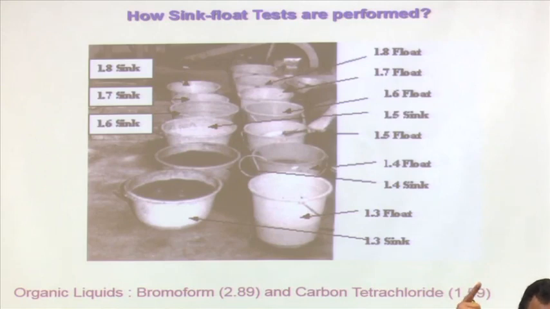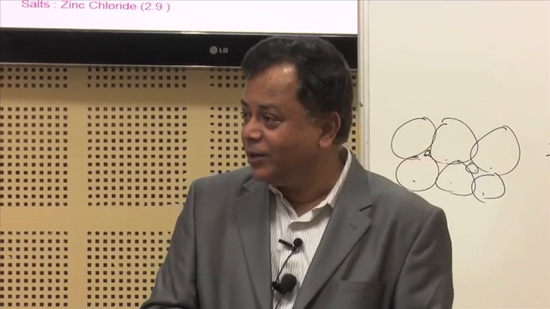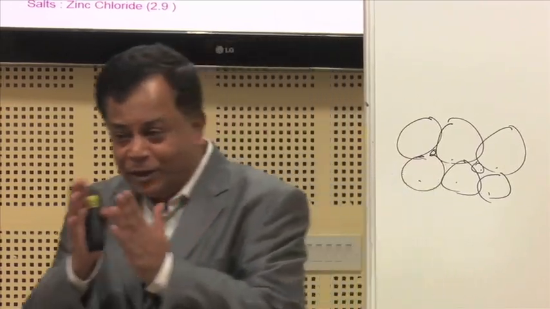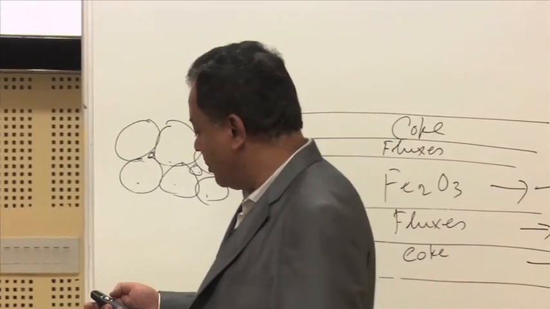Mind it, they are the float fraction of 1.8 specific gravity. That means they are lighter than 1.8, but as they have sunk at 1.7, I can say that the specific gravity is within 1.7 to 1.8. That is how I am basically discretizing the densities. Like that I can go down to 1.3.